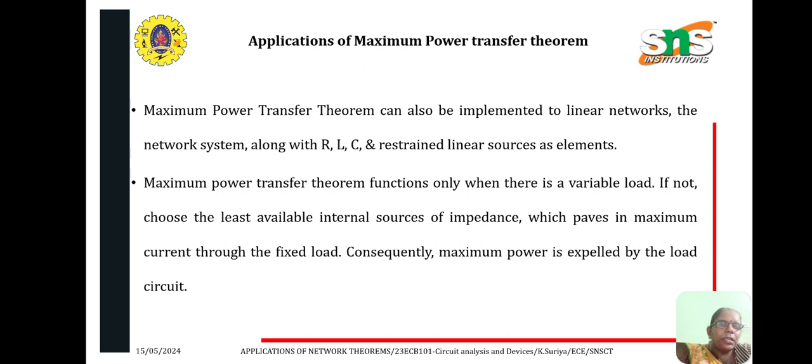It functions only when there is a variable load. If not, choose the least available internal source impedance, which paves the way for maximum current through the fixed load. Consequently, maximum power is expelled by the load circuit.